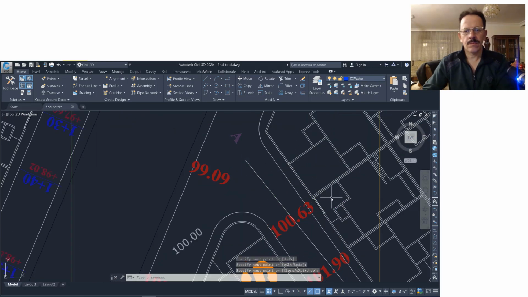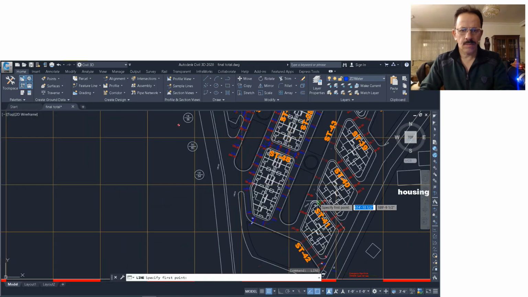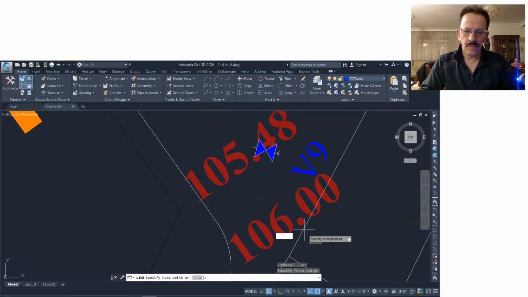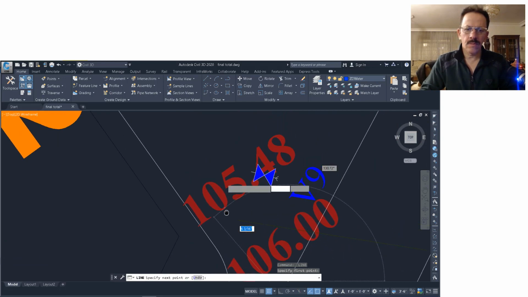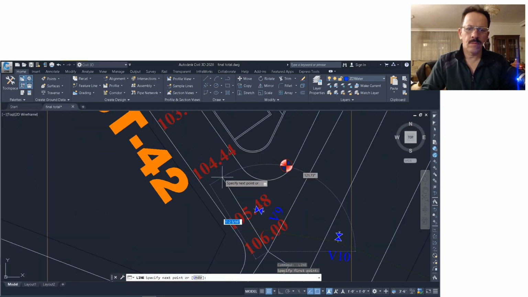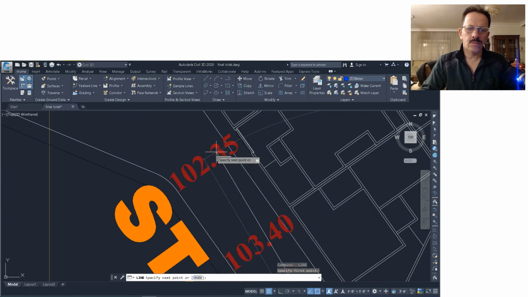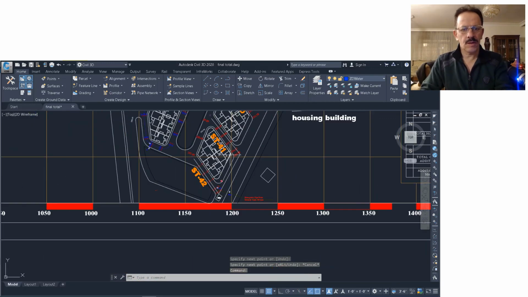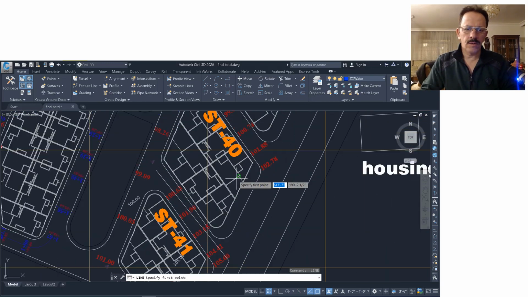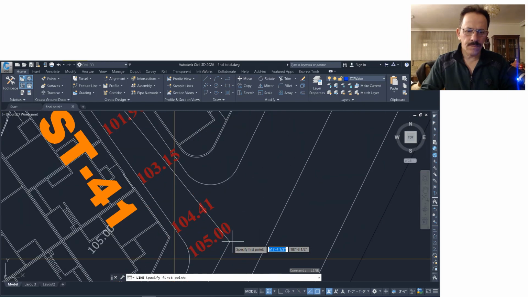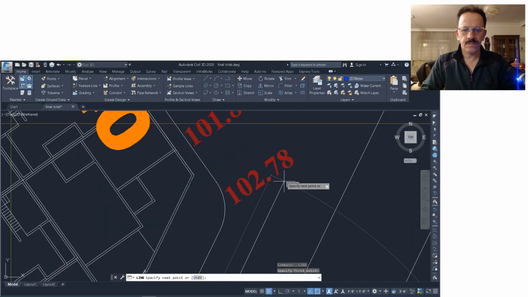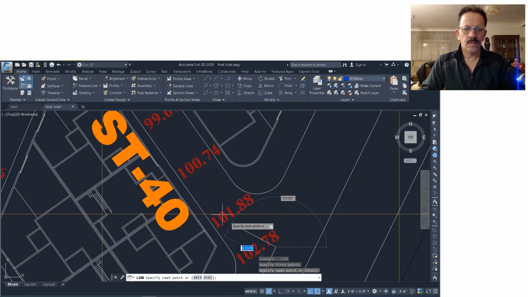Again, we want to draw a line to go this way, and again I want to draw another line in this way.